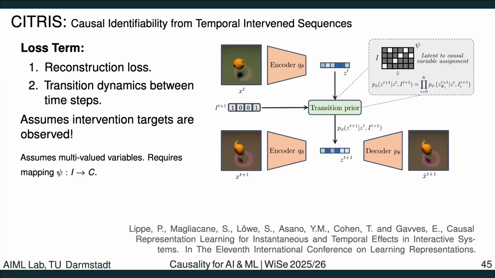And what I want is that my prediction of this latent vector on the next time step should be the same as what my encoder tells me.